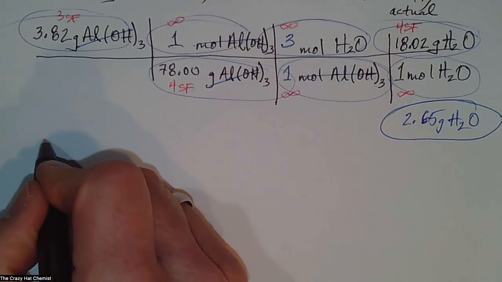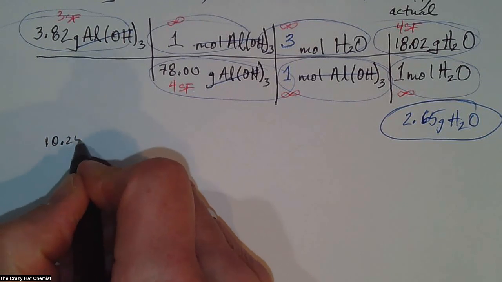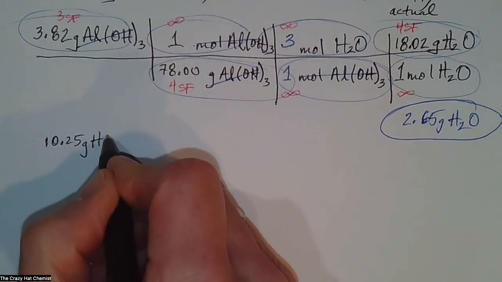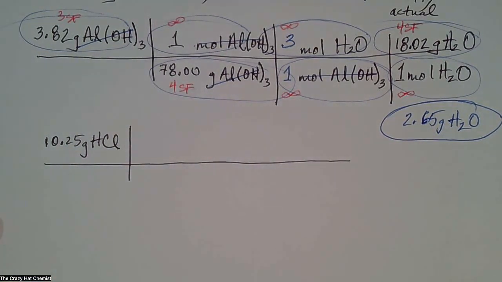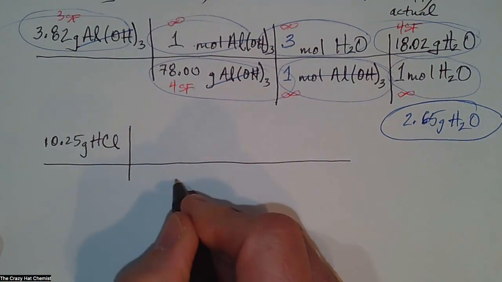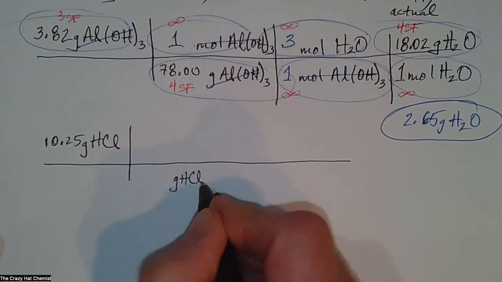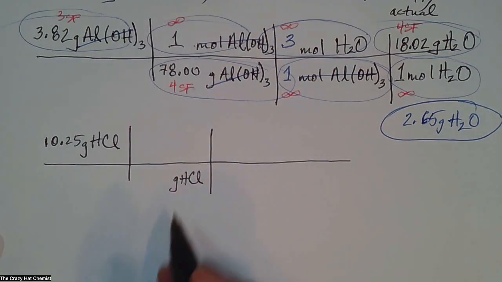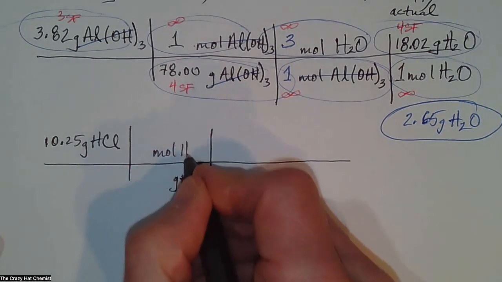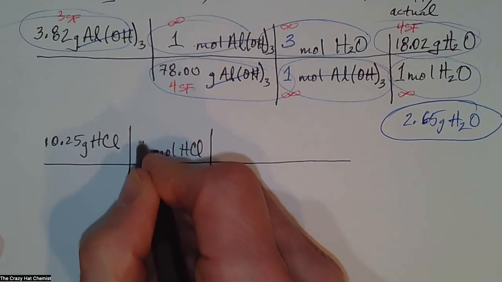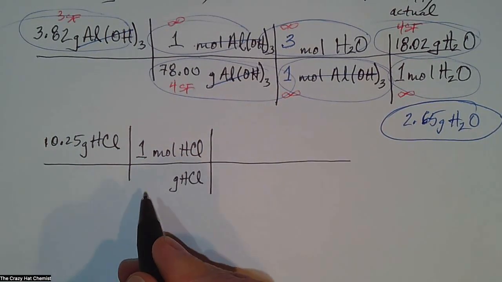So that is 10.25 grams of HCl. We're going to do a similar process to the last one. This is going to be grams of HCl down here in the denominator. From grams, I can go to only one thing, and that is moles of HCl. That's going to be 1 mole, and then this is going to be the molar mass.